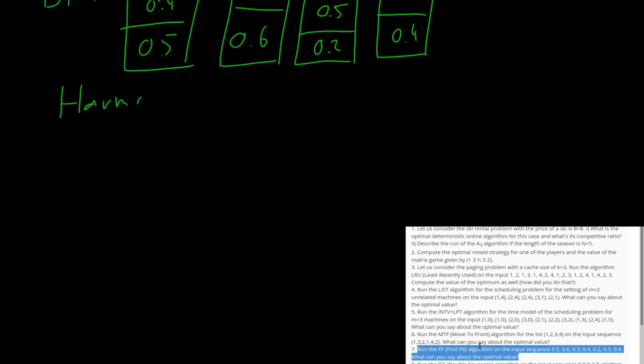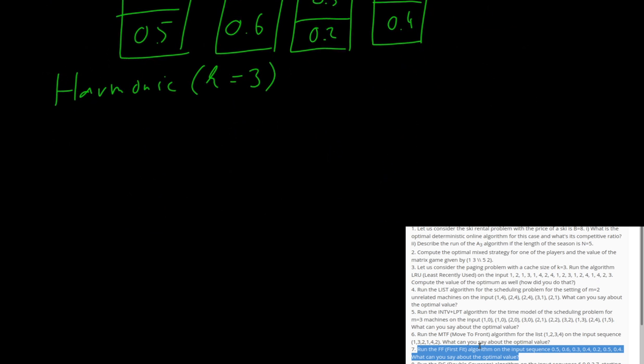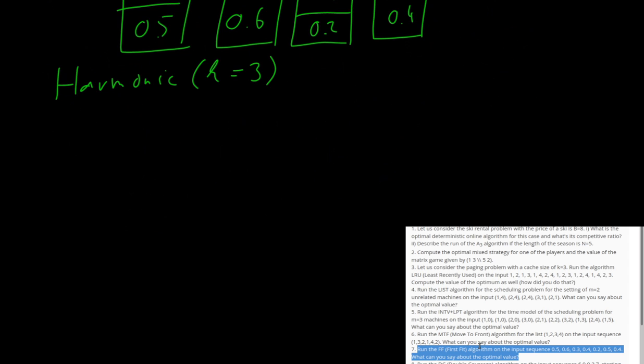If it would be the harmonic algorithm for, say, k equals 3, then you will have a bin for items of size more than 1/2, a bin for items larger than 1/3 but at most 1/2, and a bin for items of size at most 1/3.